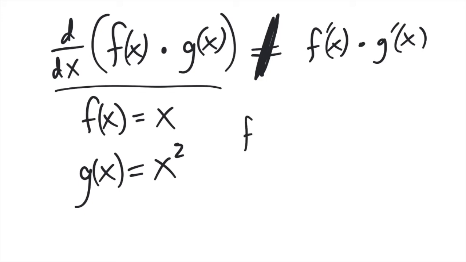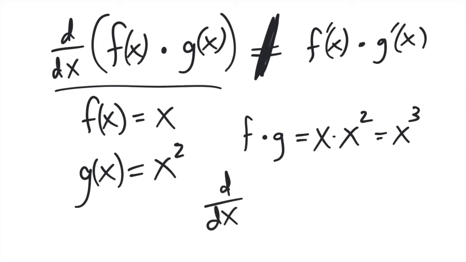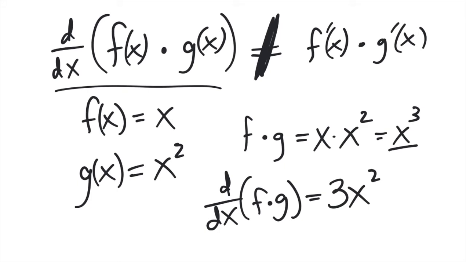So f times g is x times x squared, which is x to the third. What is the derivative of f times g? The derivative of x to the third, we know from the power rule, is 3x squared.